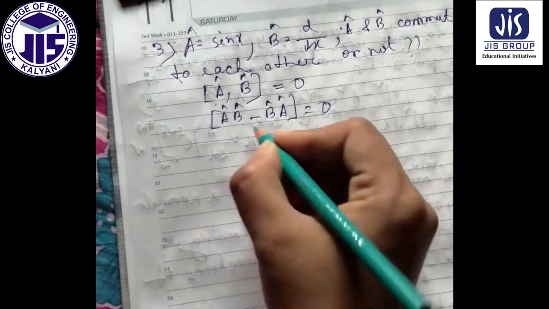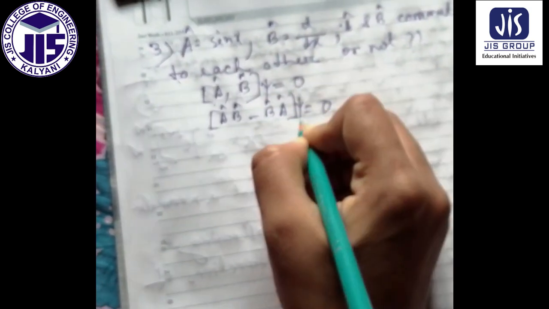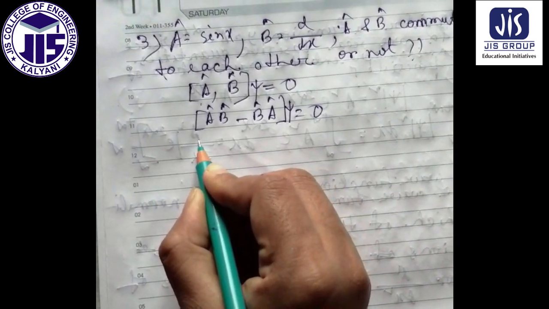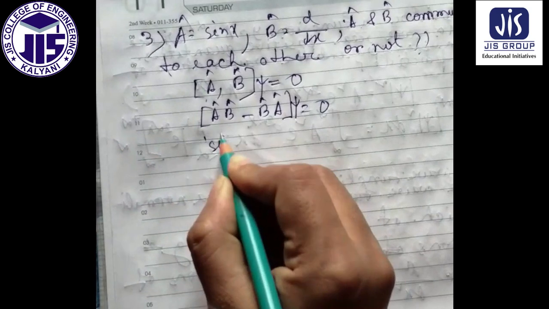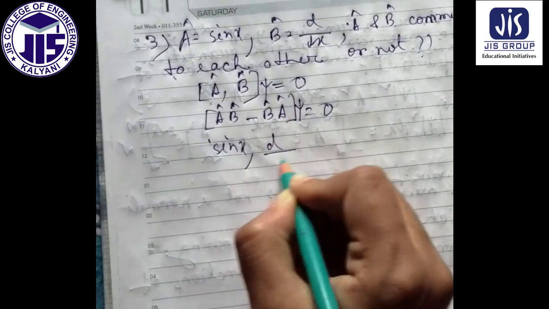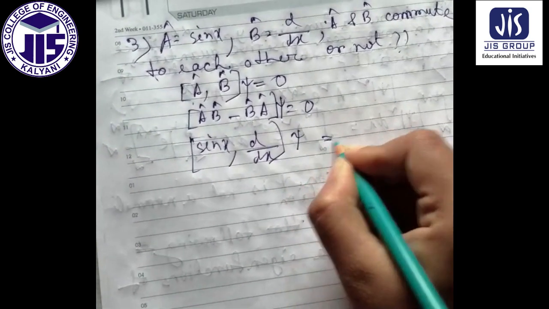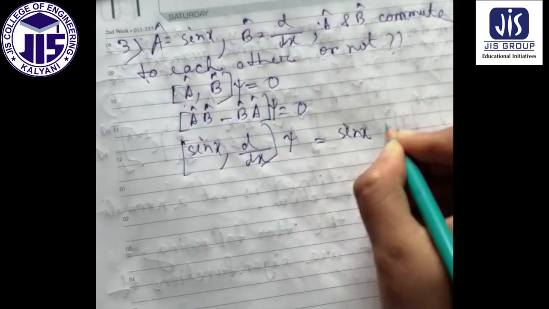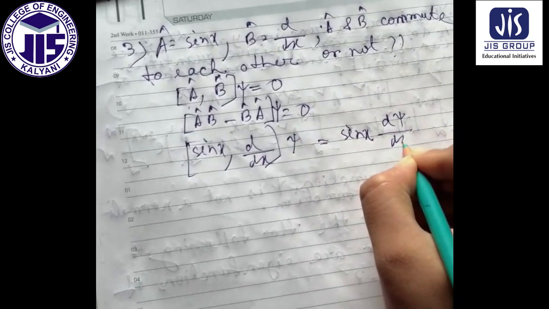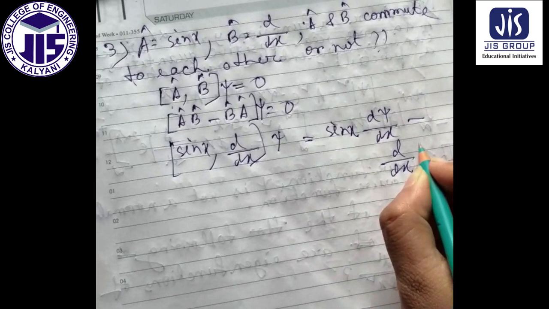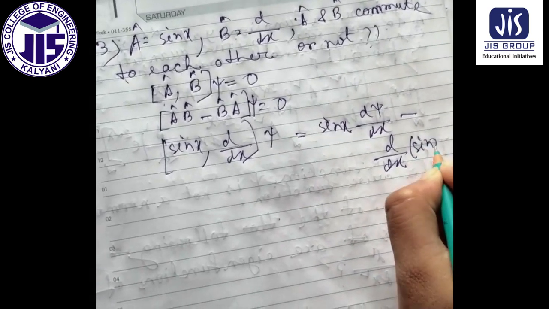Now here there will be a wave function psi. So first, if we put, the commutator of sin x comma d dx acting on psi is equal to sin x d psi by dx minus d dx of sin x psi.